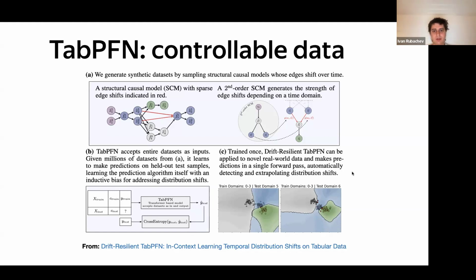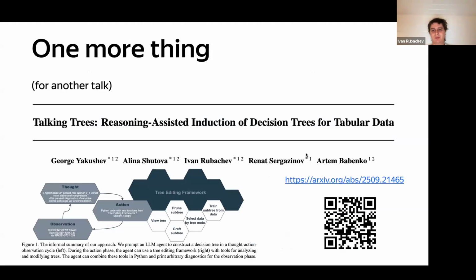Oh, yeah, got to go. And we are actually at the end. One more thing is our most recent paper, which may be of interest to Cornelius, for example, because we are talking about LLMs and tabular data intersections, but it's for another talk, I guess.